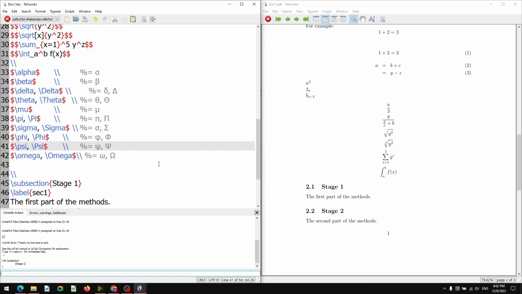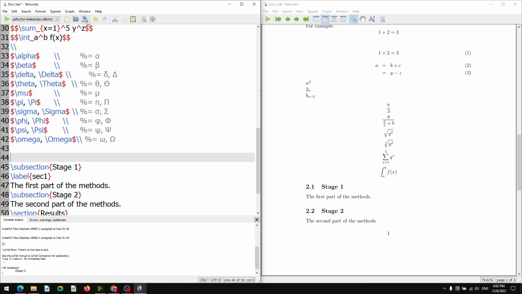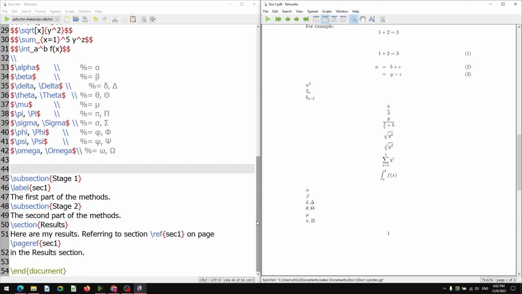Okay, let us check this error. An unwanted double backslash was there. So let us save it. I have removed this. And it has displayed alpha, beta, delta, capital delta, theta, capital theta.